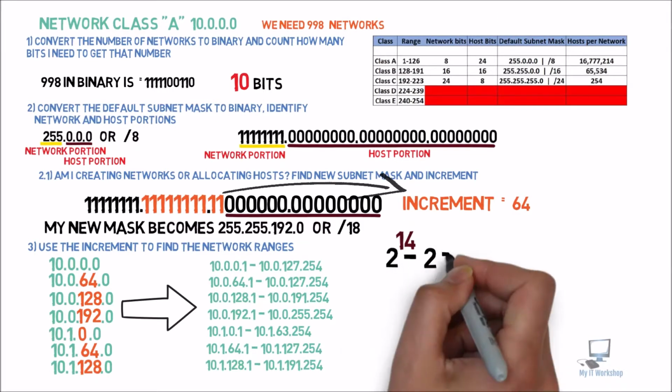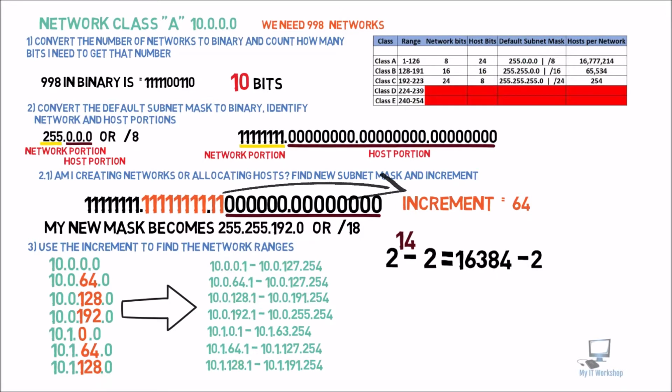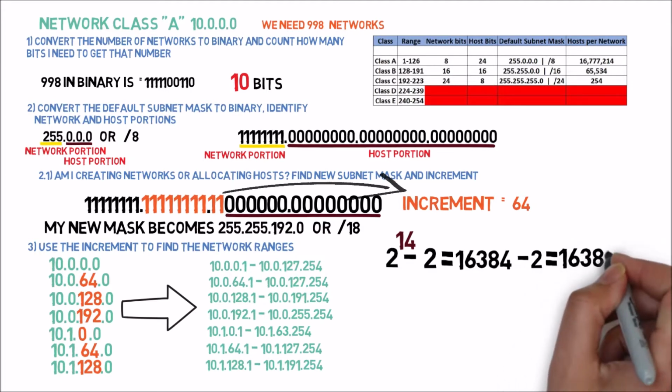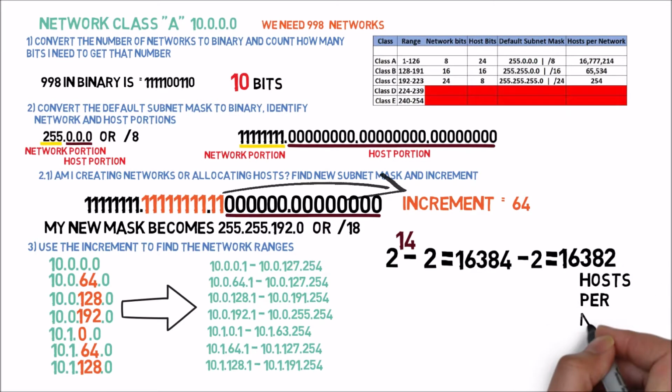So that's going to be a really big number, 16,384 minus 2. We are going to have 16,382. That's a lot of usable IP addresses per network. So this is just an example. You may never need this many hosts in the same network at the same time.